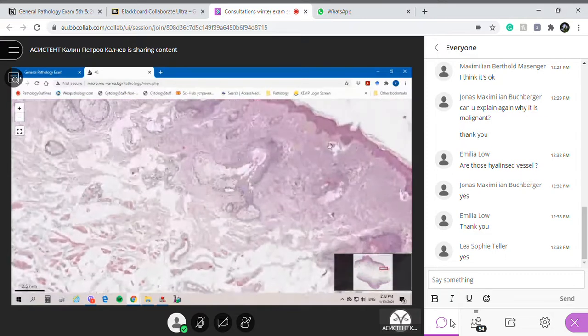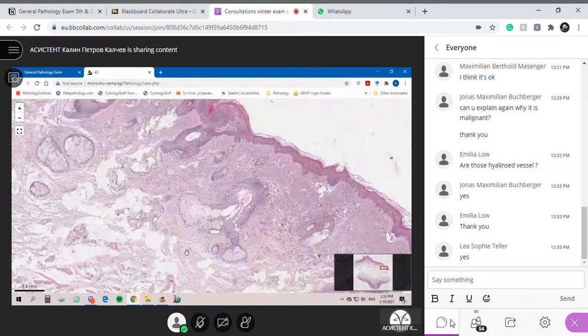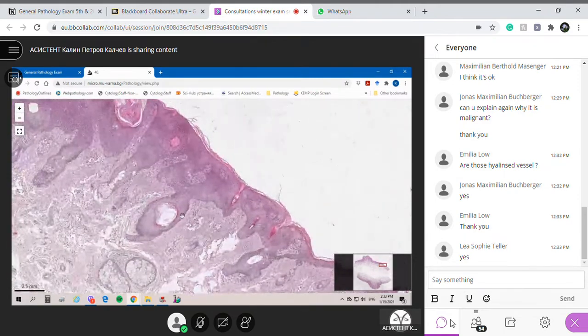Look at the periphery of the specimen again, and you will see that it is skin. It has epidermis at the top, it has hair follicles, it has sebaceous glands, so it is skin. It's not even a mucosa because we have the hairs. Here we can see these hair follicles and sebaceous glands.